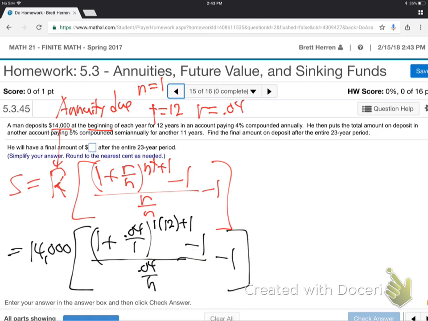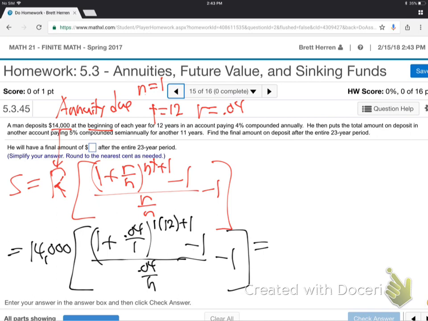Crank all that out. I'll just do that super quick here. So that would be 1.04 to the 13th power, minus 1, divided by 0.04, minus 1, times 14,000.